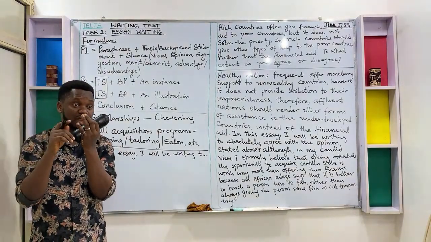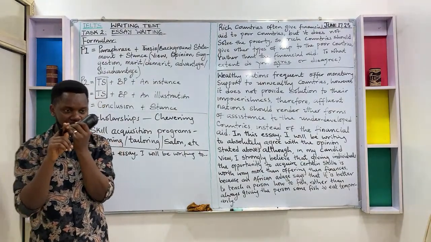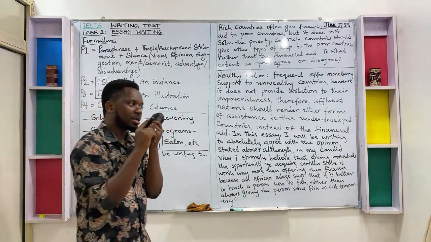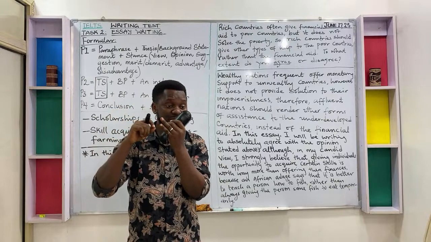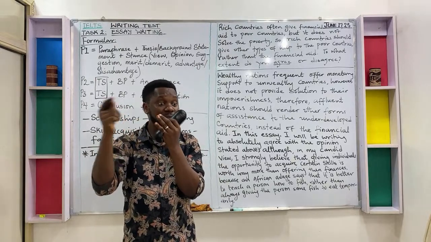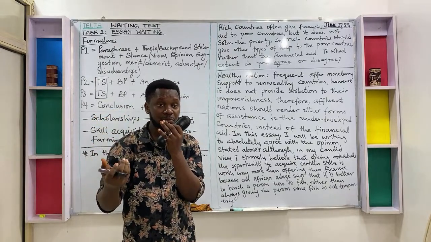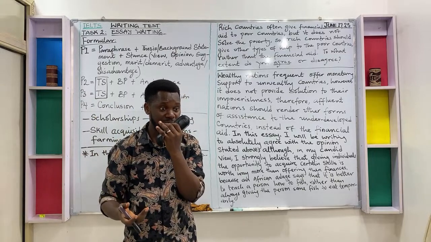As a result of this, there is a high level of illiteracy, and illiteracy is a barrier for development. Illiteracy is a fear for social vices in a society.